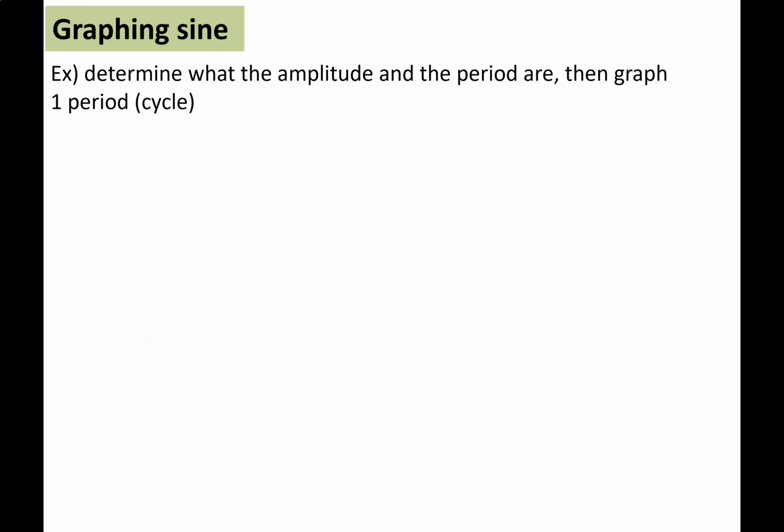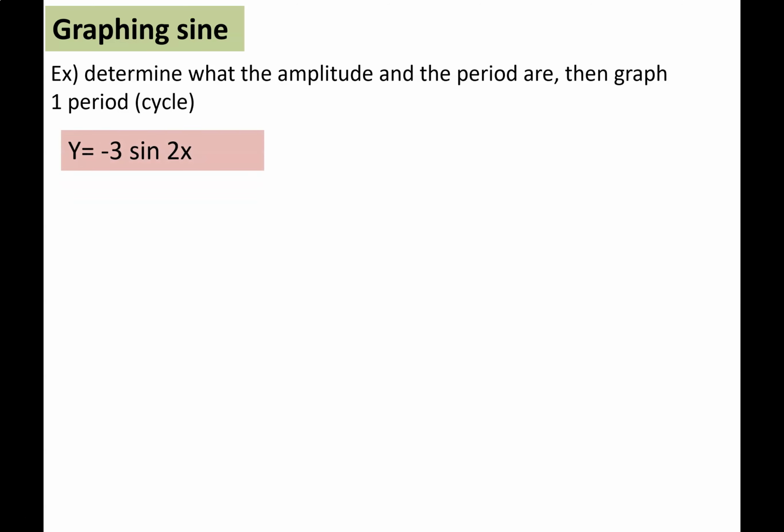Let's carry on. All right, so we're going to be graphing sine here as well. Determine what the amplitude and the period are, and then graph one period or one cycle. We're not going to necessarily graph it here. We're just going to identify the parts, and then on the next slide, we will be graphing it. Okay, so let me give you the equation.